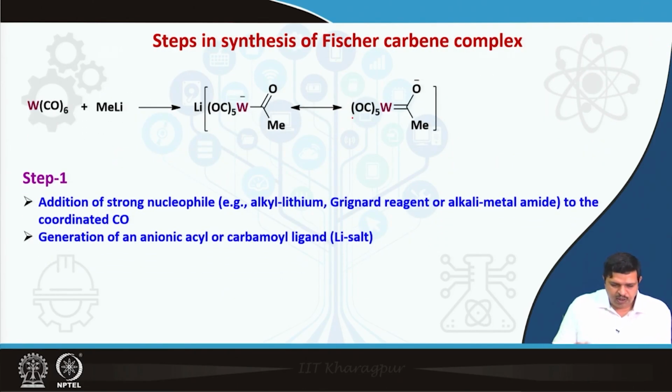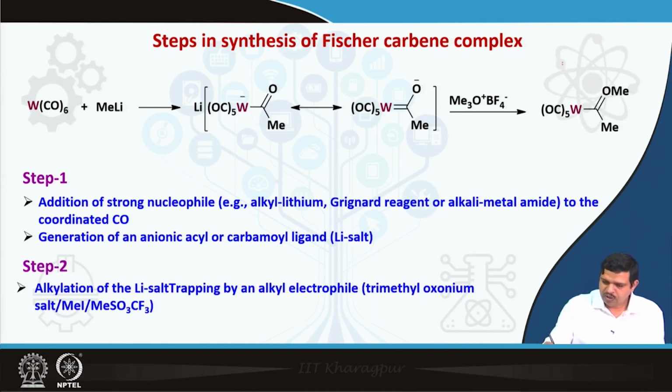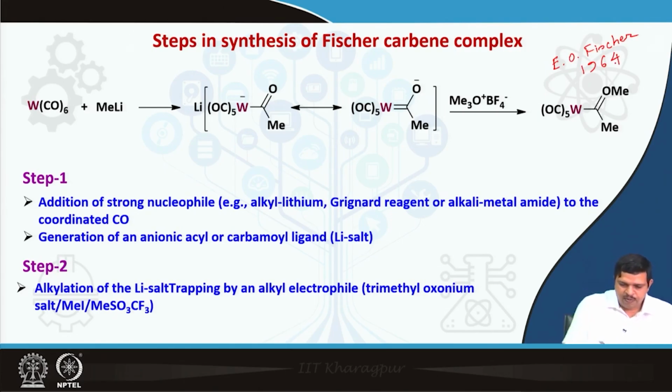So here you will see the first Fischer carbene complex synthesized by E.O. Fischer back in 1964, and see the strategy. You need a metal carbonyl, like tungsten carbonyl, and then you need an alkyl lithium, M minus Li plus.